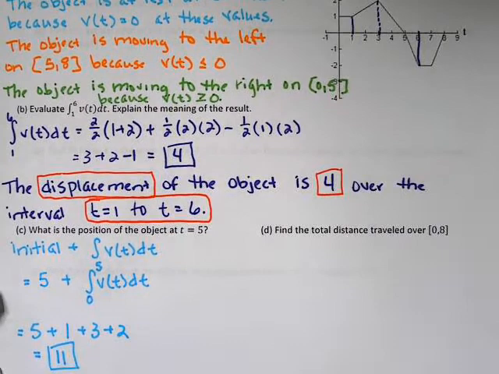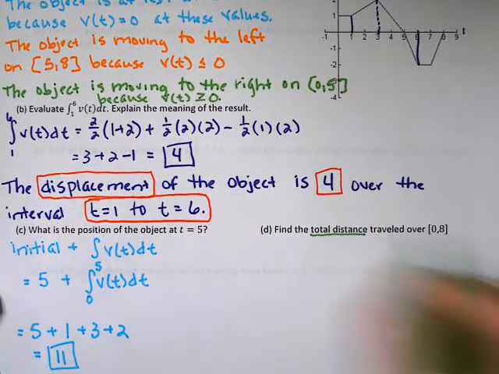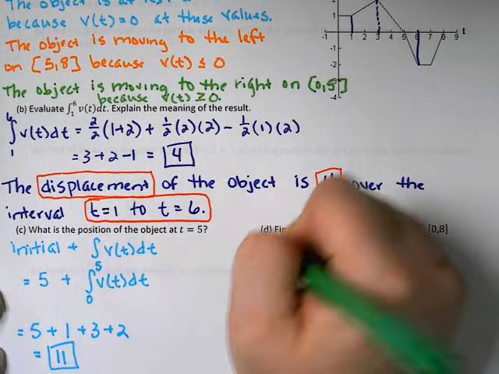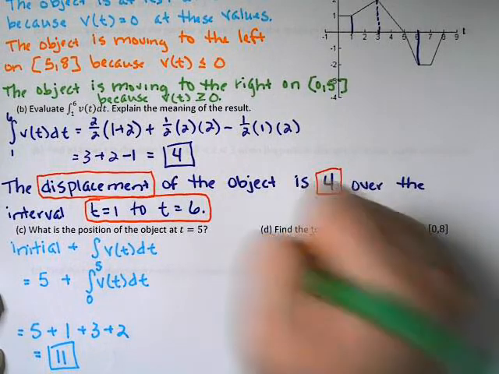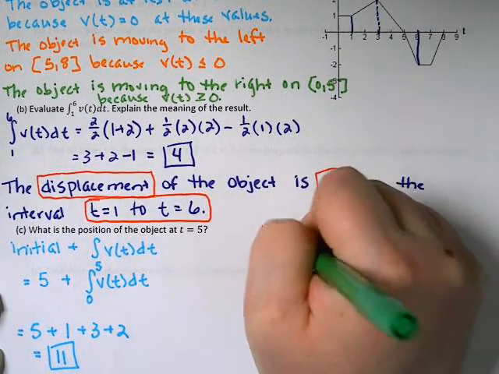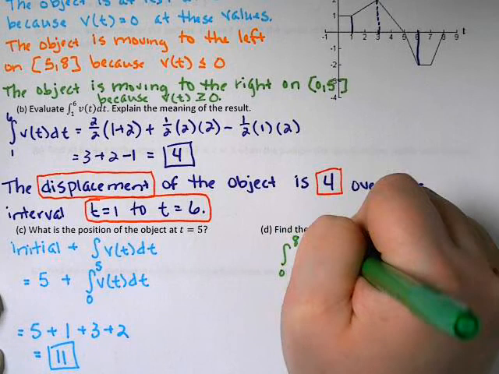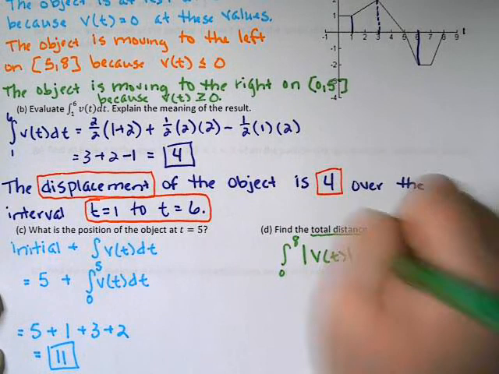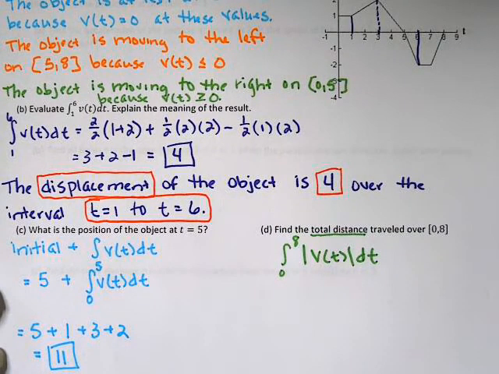Okay, total distance traveled. We want to be careful here because total distance traveled means we want the integral from 0 to 8 of the absolute value of the velocity function. So we want to make sure that we include all of the values there.